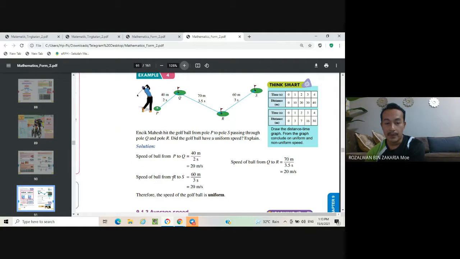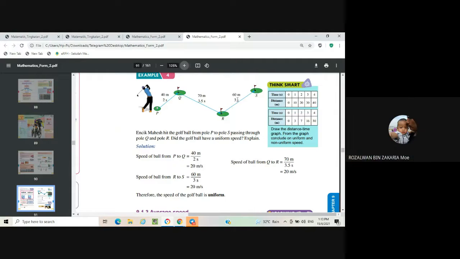Then the speed of the ball from R to S. The distance from R to S is 60 meters. So 60 meters, then you divide by the time taken, which is 3 seconds. Then you get the answer 20 meters per second. The last one, the speed of the ball from Q to R. The distance is 70 meters.